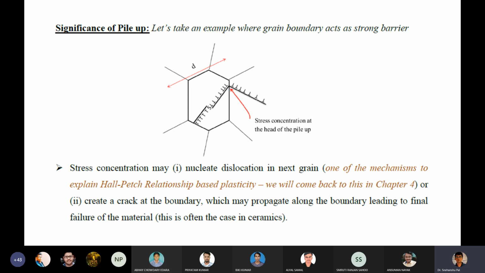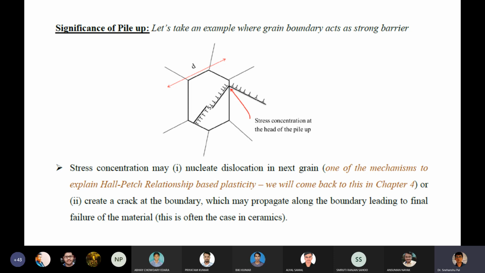Everybody knows that sigma equals sigma zero, or tau equals tau zero, plus k_y times d to the power minus half. Here, d is the grain diameter. It reveals that if you go for finer grain size, the strength will be enhanced.